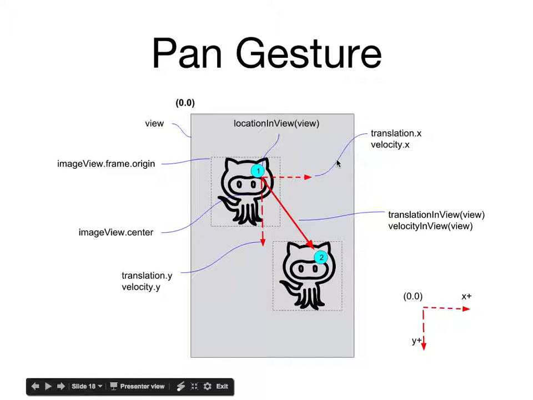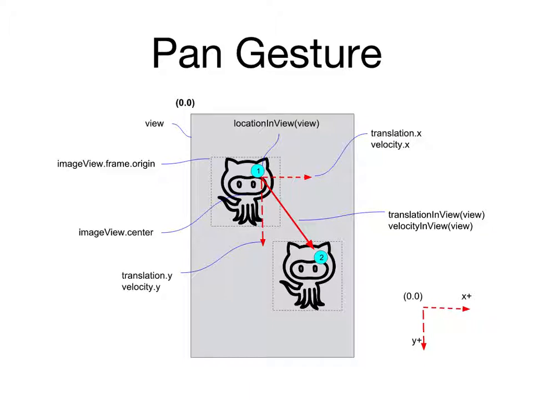You have the translation, and you also have something else called velocity, how fast you move. I will not do the demo for this, but later during the lab you will try the translation and the velocity. Normally this is to detect if you move the item from left to right or right to left.